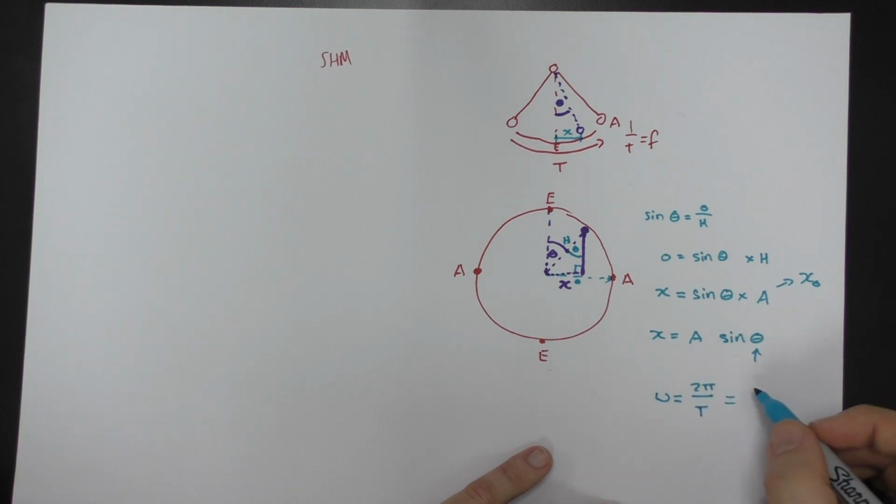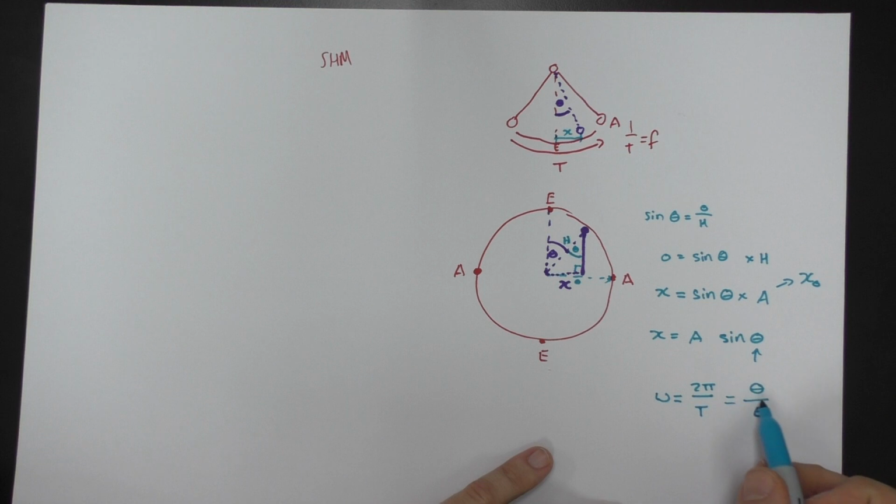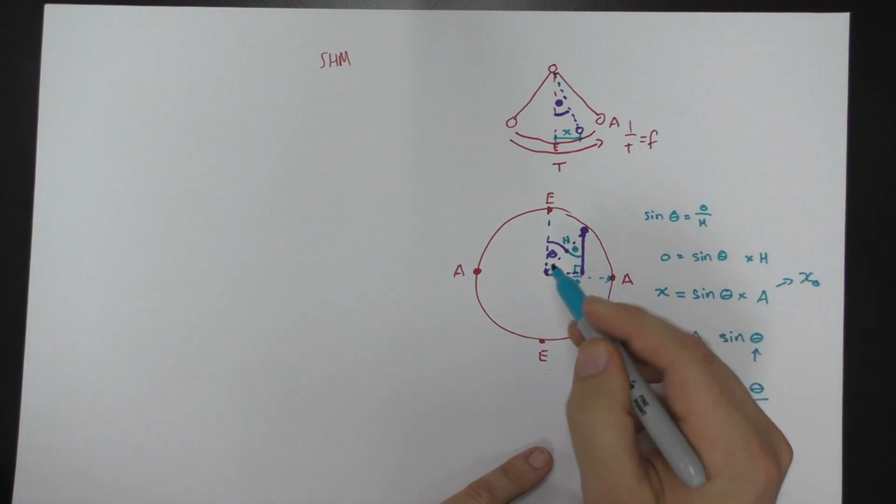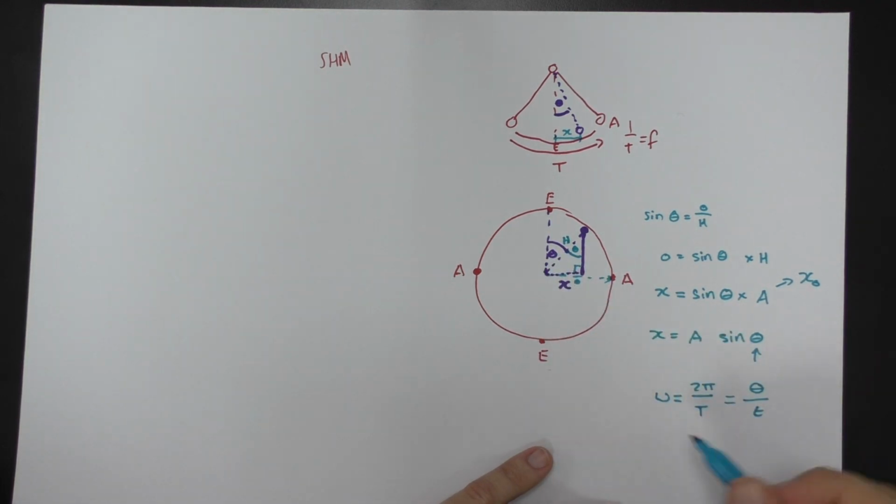So we could also say that omega is theta over little t, where t is the time to get to that point. So in this circumstance, we're going from the equilibrium to that point, and so it's the time taken to get from the equilibrium to that point.